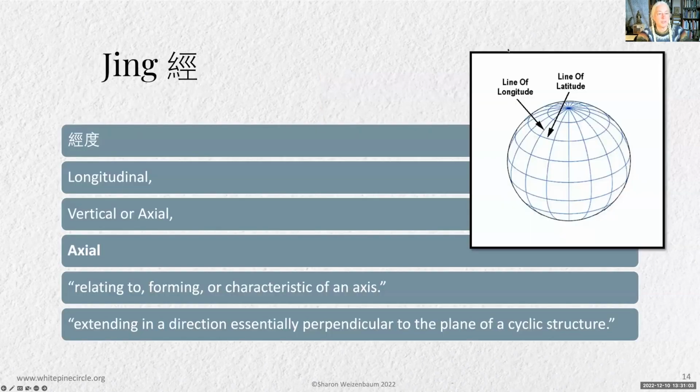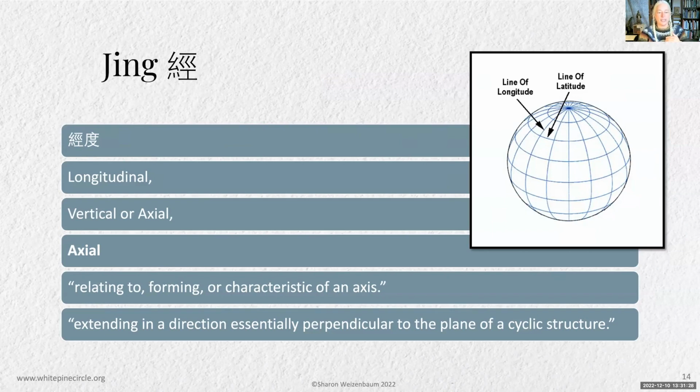So here is also something, Jingdu, which means longitudinal. So the vertical lines on the planet are the Jingdu, and they're vertical or axial, like they form around in relation to a central axis.